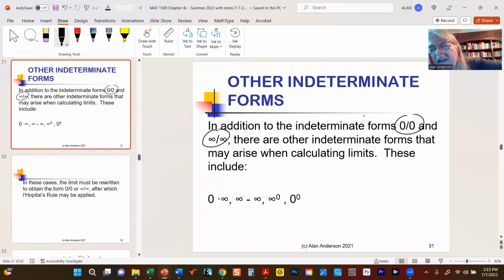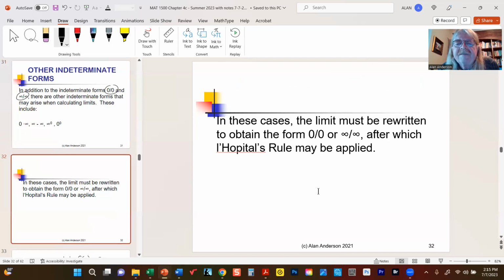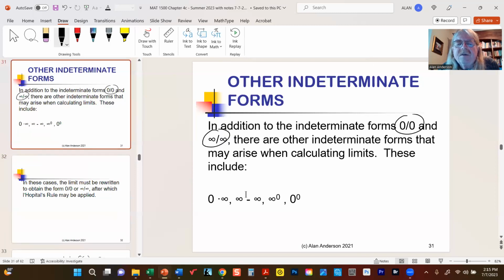In these cases, we can't use L'Hopital directly, but what we might be able to do is some algebra, which puts the limit into a form where L'Hopital's rule can then be applied. So if you see one of these, don't give up. It doesn't mean that you can't use L'Hopital's rule, but you may have to do more work to get it to that point. So keep your eye open for these very bizarre cases.